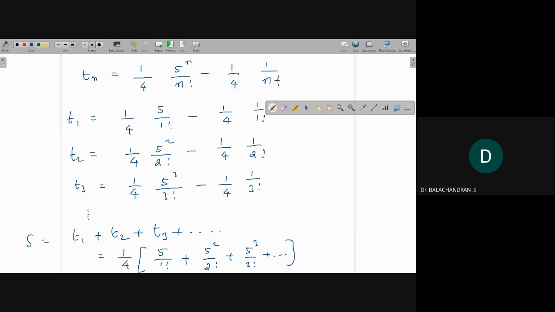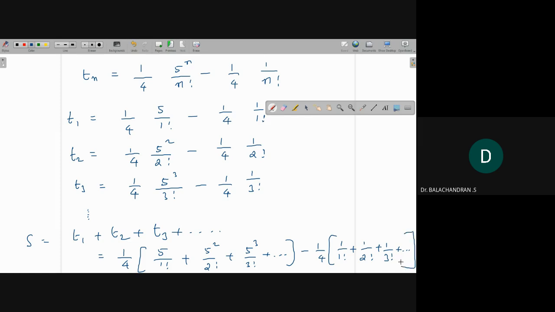And adding vertically the other part, minus 1 by 4, you can take common 1 by 1 factorial plus 1 by 2 factorial plus 1 by 3 factorial and so on.